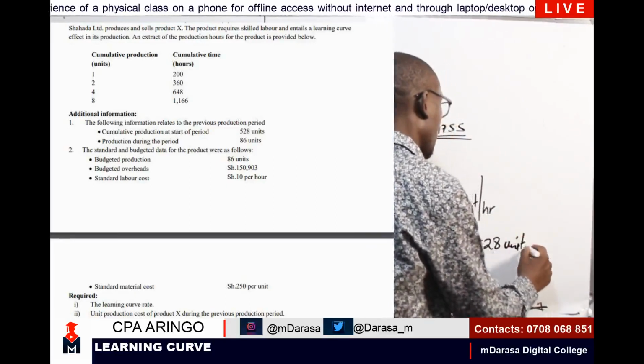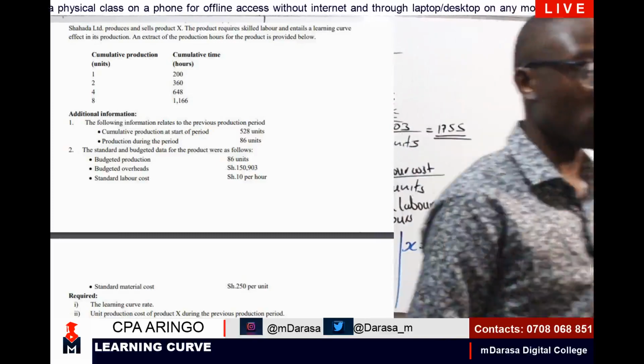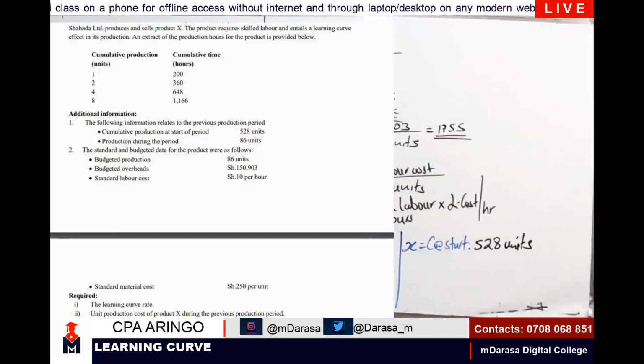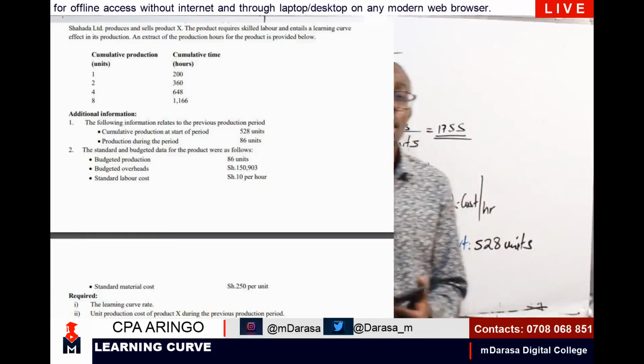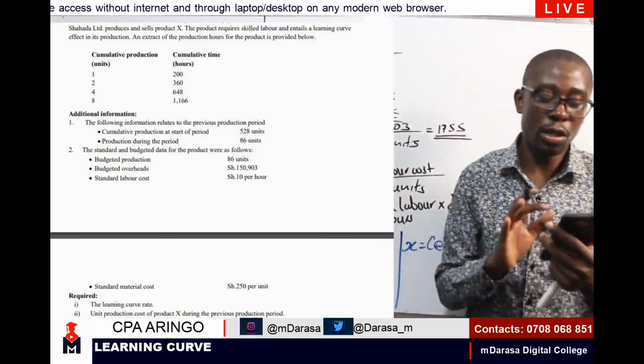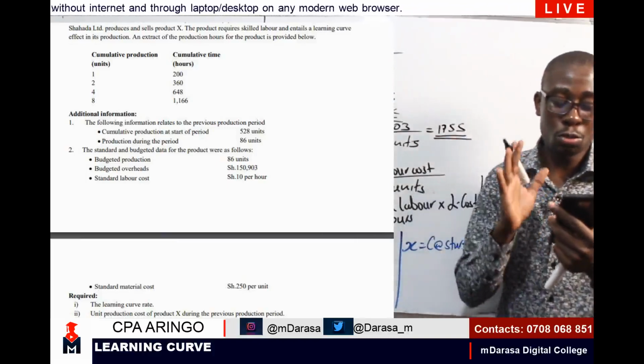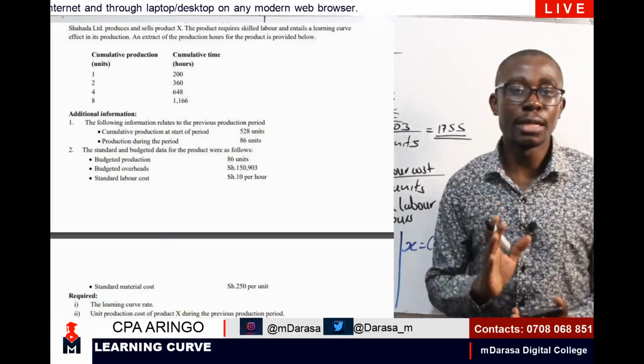Remember our case here, we will be dealing with the aspect of cumulative production. So therefore, our case here is to determine the time that we took to produce how many units? The time that we took to produce 86 units. That is our goal.